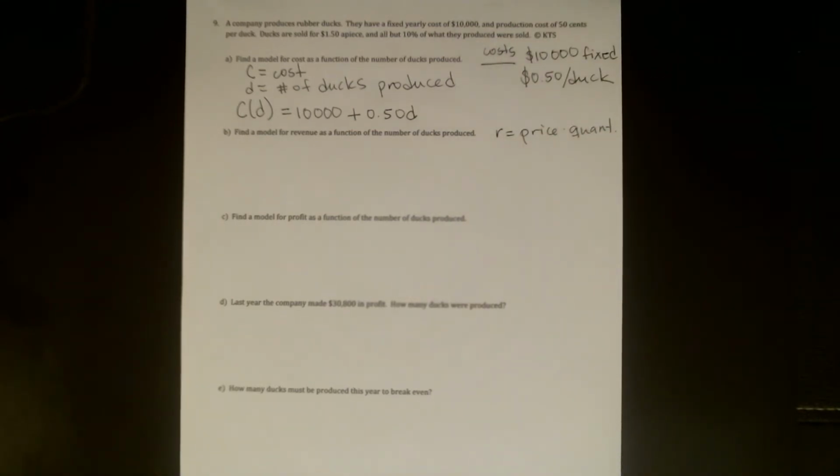Run out of room there. Okay, so in this case, we know that, let's see, find a model for revenue as a function of number of ducks produced. We are making $1.50 for each duck, but we don't actually sell every duck that we produce.